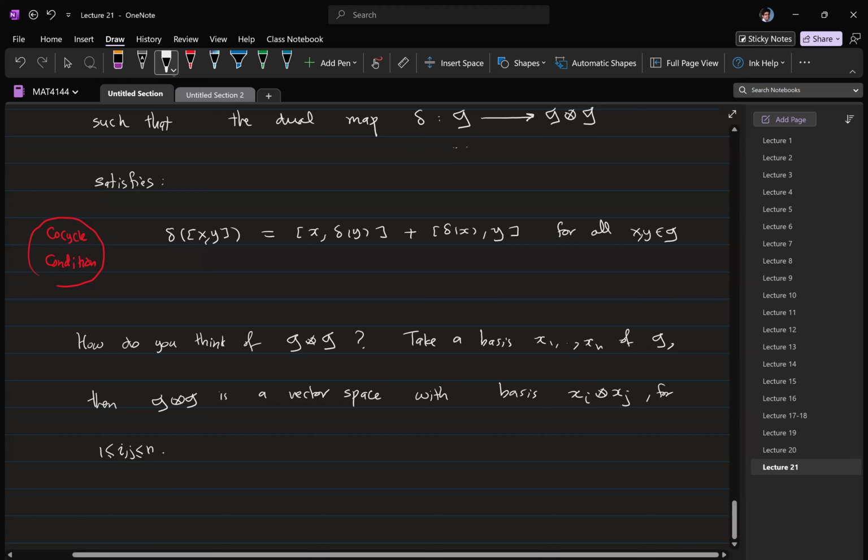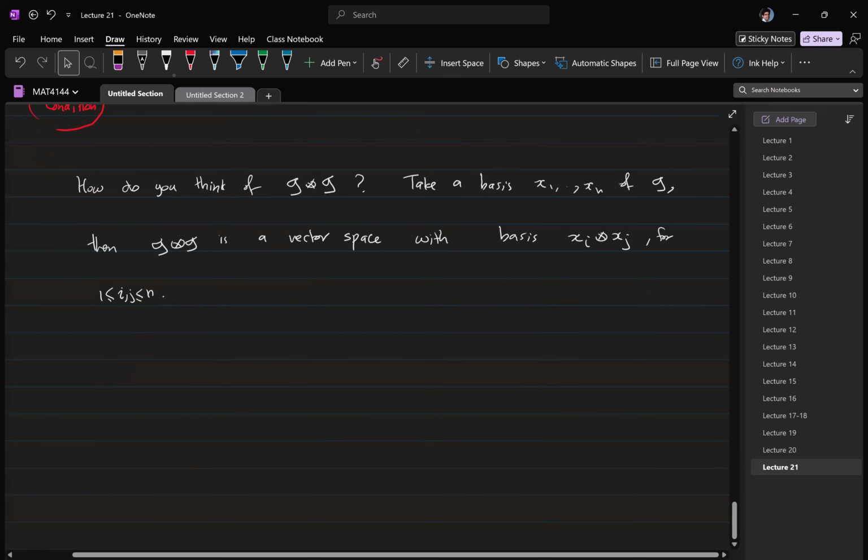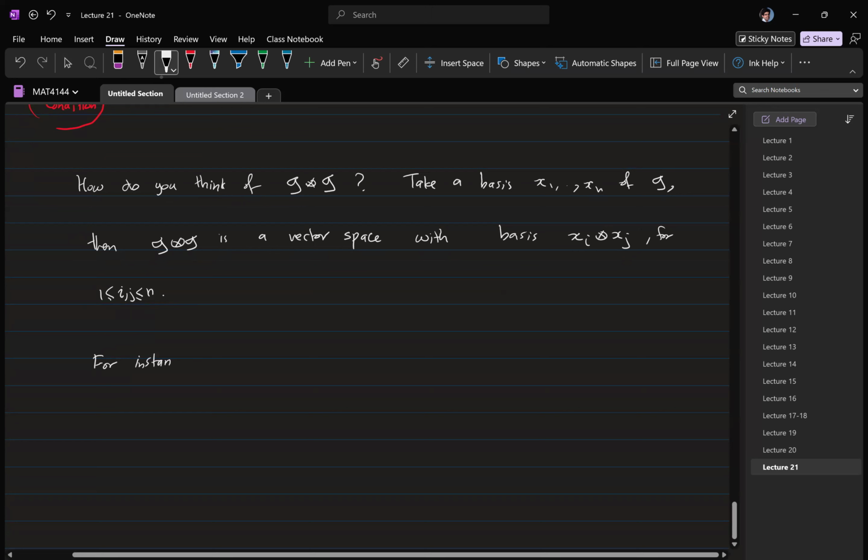Okay, so in particular, maybe I just do a small example. If n is 2, the basis for G would be x1 and x2.